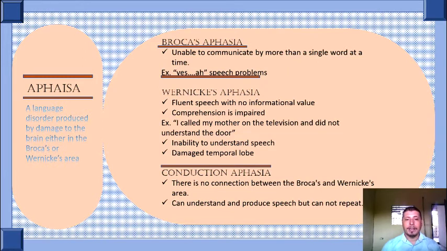And Wernicke's aphasia is more related to, as mentioned here, fluent speech with no informational value. Comprehension is impaired. For example, a student says, "I called my mother on television and did not understand the door." Okay, see, we have here what is called Wernicke's aphasia because we have a sentence, but it's a sentence that does not make any sense.